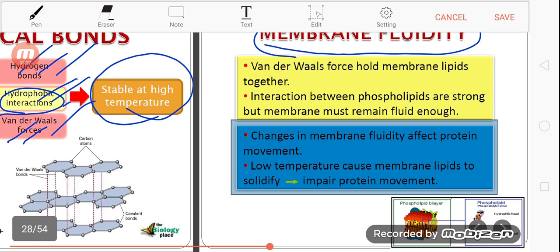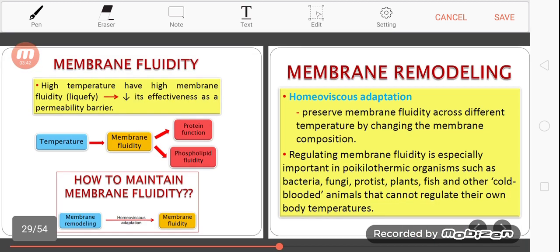Low temperature causes membrane lipids to solidify, so the membrane becomes more rigid and impairs protein movement. High temperature makes the membrane more fluid, more liquefied. When the temperature is too high, it can reduce effectiveness as a permeability barrier.